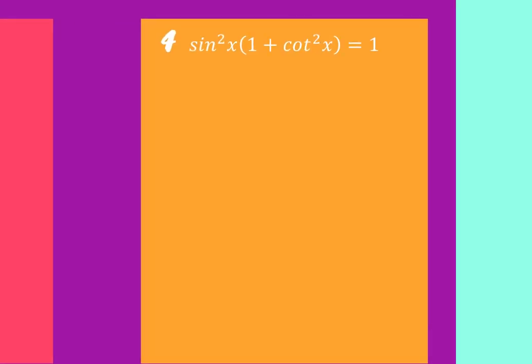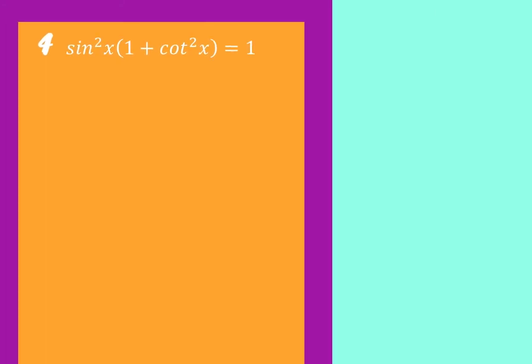All right. How about 4? What's 1 plus cotangent? Cosecant, right? 1 plus cotangent squared equals cosecant squared. So you wouldn't have to show that work because that is straight up what the actual identity says. Sine squared x times cosecant squared x.